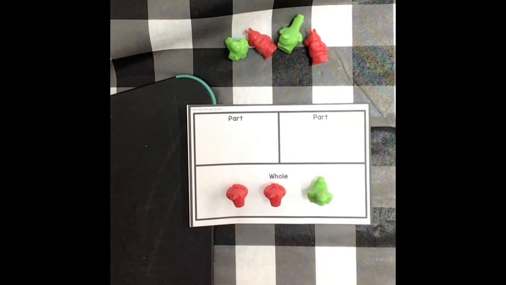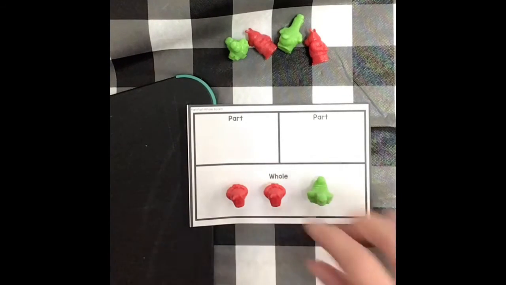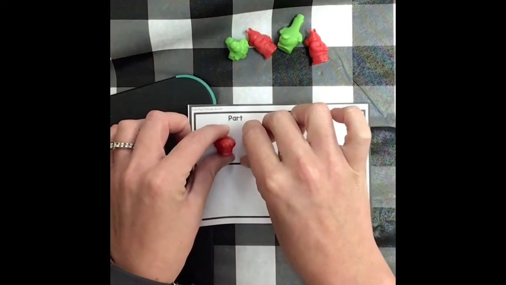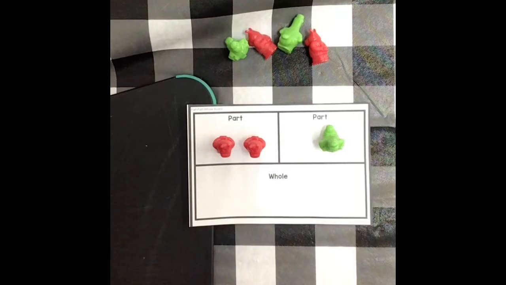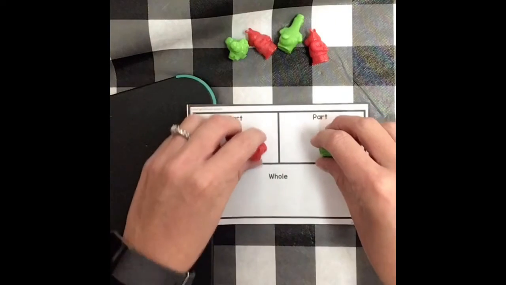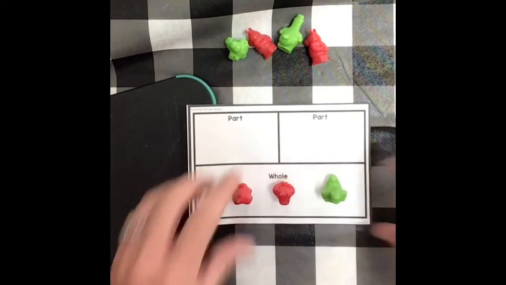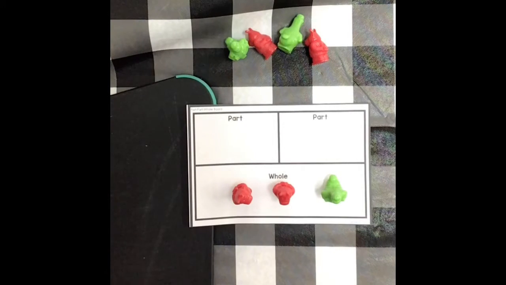And I want you to tell me, how many do we have now? 1, 2, 3. We have 3 now. We have 2, and we have 1. And we combined them and joined them together. That makes 3. Good job.